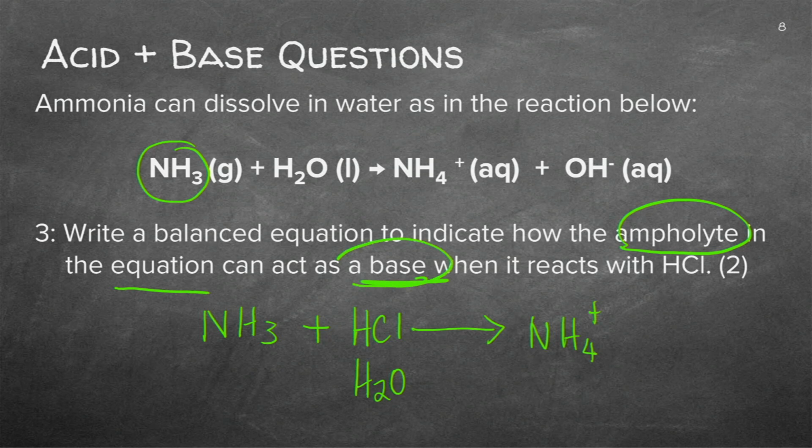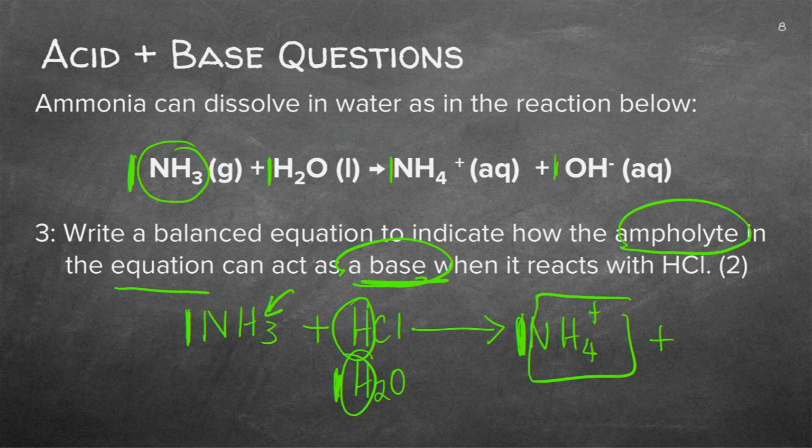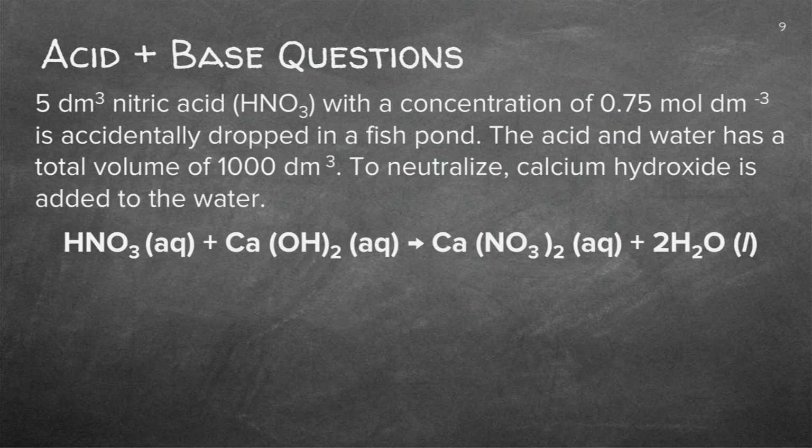It has to act as a base. Did it accept a hydrogen from the acid? Yes, it did. So that will be your balanced equation. Have a look at the equation at the top. It is balanced already. So I know I've got 1 ammonia, I've got 1 water, and it will form 1 ammonium and a hydroxide. Right, I hope you've got your 2 marks.